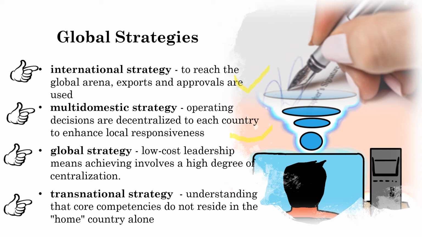How about the transnational strategy? This combines the economies of scale and learning with the demands of responsiveness by understanding that the core competencies do not reside in the home country alone but may occur anywhere within the enterprise.